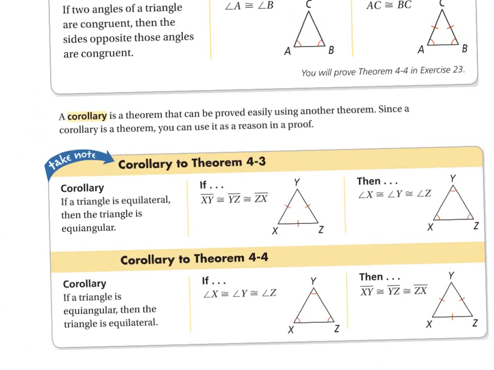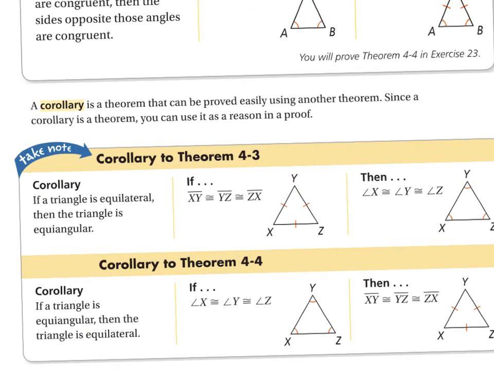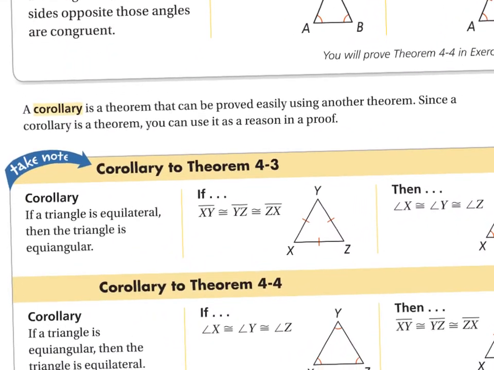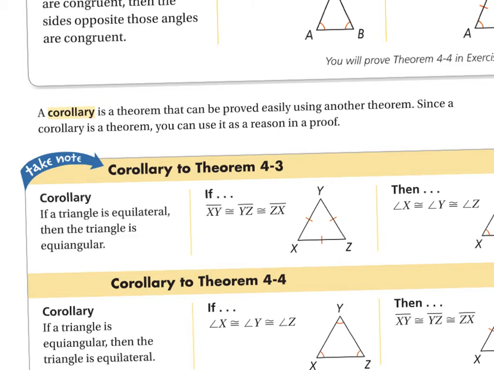So now let's talk about a corollary. This is like a theorem. It's another word for theorem, kind of. As you can see up here, we had 4.3, the isosceles triangle theorem. So this is the corollary to the isosceles triangle theorem.